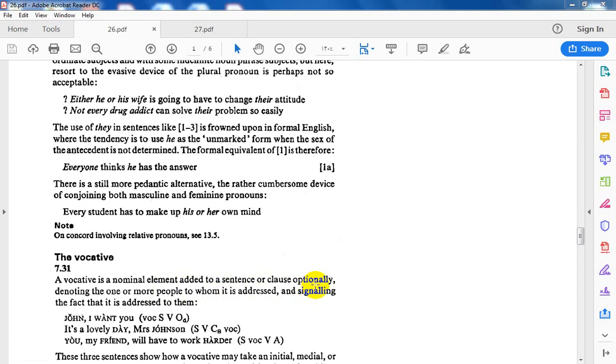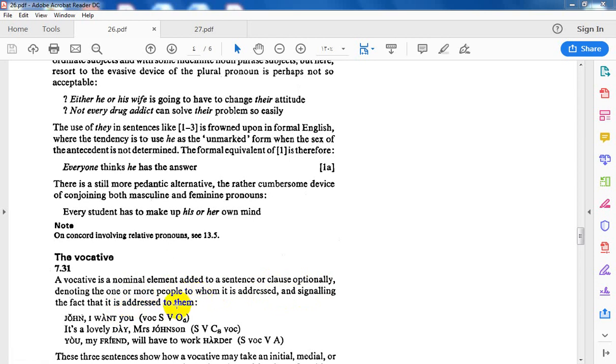Please pay attention to the word optionally, in the sense that I can get rid of it without any grammatical mistake concerning the structure of the sentence, denoting the one or more people to whom it is addressed, and signaling the fact that it is addressed to them.